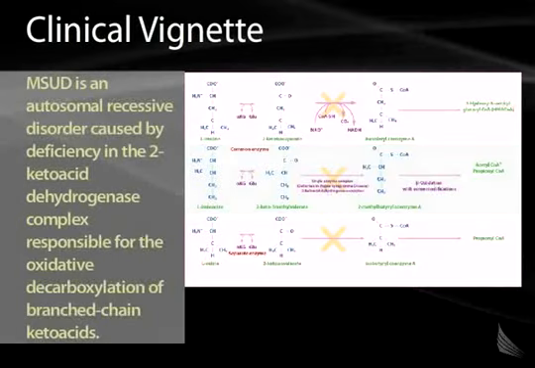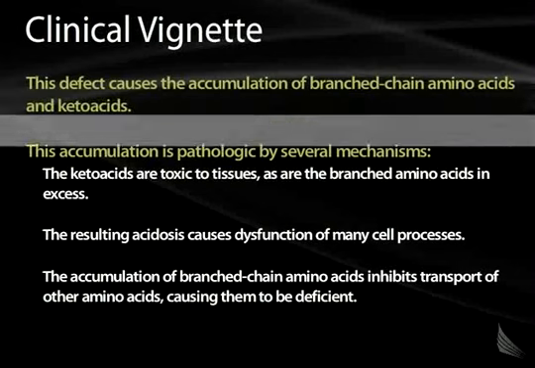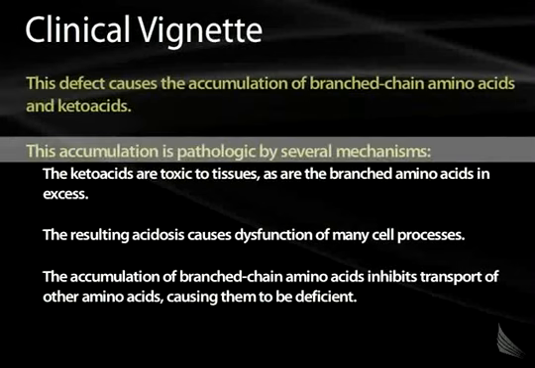Maple syrup urine disease is an autosomal recessive disorder caused by deficiency in the 2-ketoacid dehydrogenase complex, which is responsible for the oxidative decarboxylation of all branched chain amino acids. And so this enzyme is in common in all 3 of these pathways. This defect causes the accumulation of branched chain amino acids and ketoacids. And this causes problems by several mechanisms.